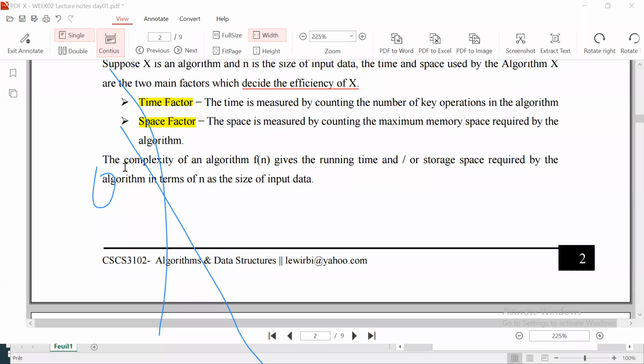They say that the complexity of an algorithm f of n gives the running time and or the storage space required by the algorithm in terms of n as the size of the input data. So it is giving the running time and also the storage that is required by the algorithm to run to completion.